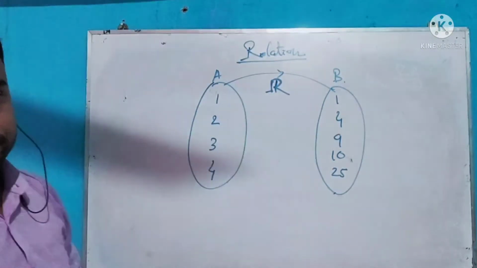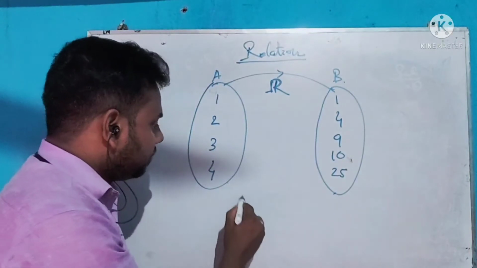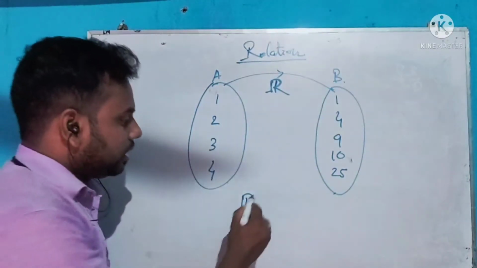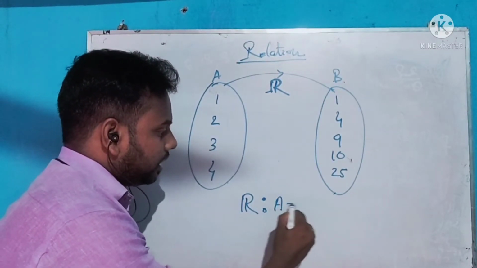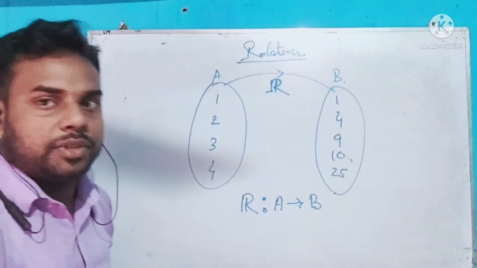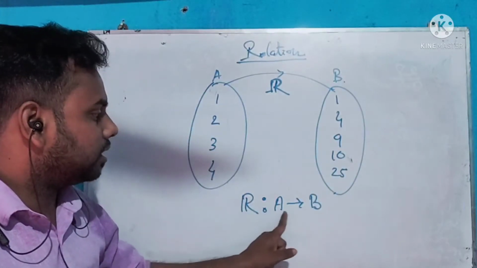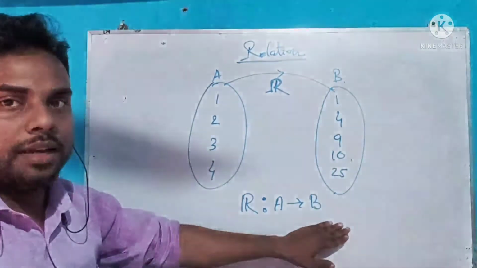If R is a relation from A to B, we write R such that A to B. That is, R is the relation from A to B.